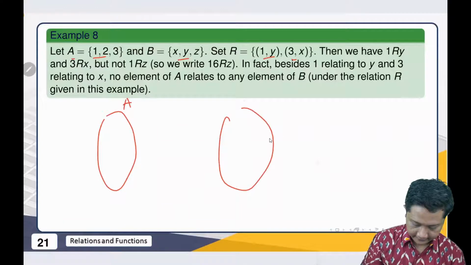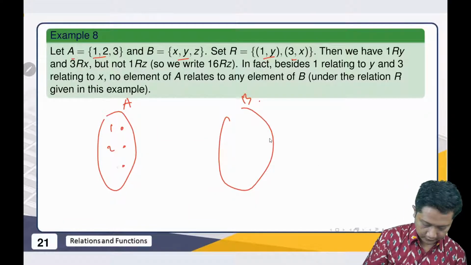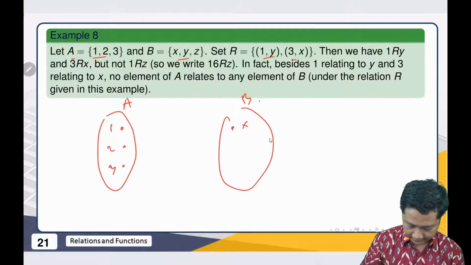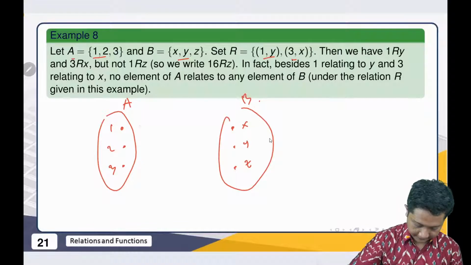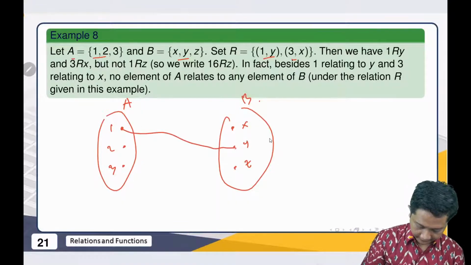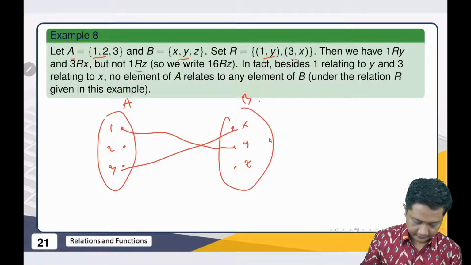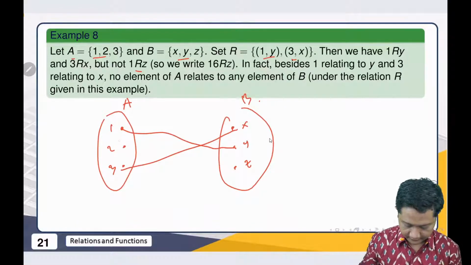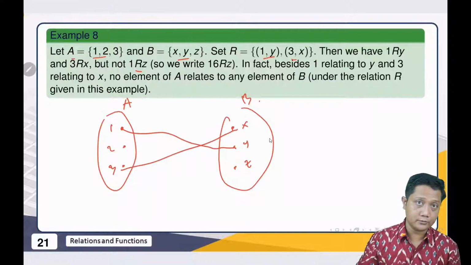This is our A, this is our B, with 1, 2, 3 and X, Y, Z. Then we have 1 to Y and 3 to X, but we don't have 1 to Z.